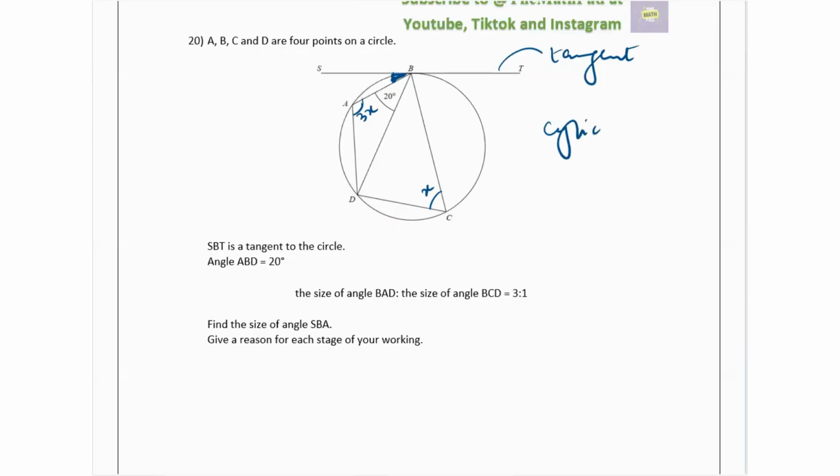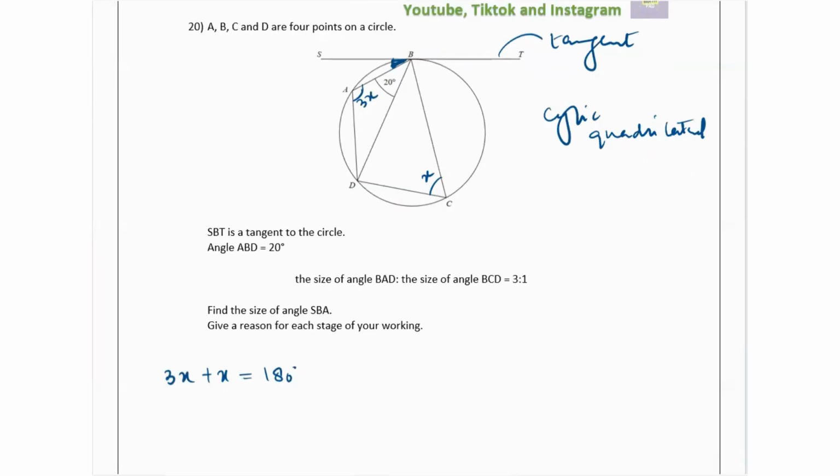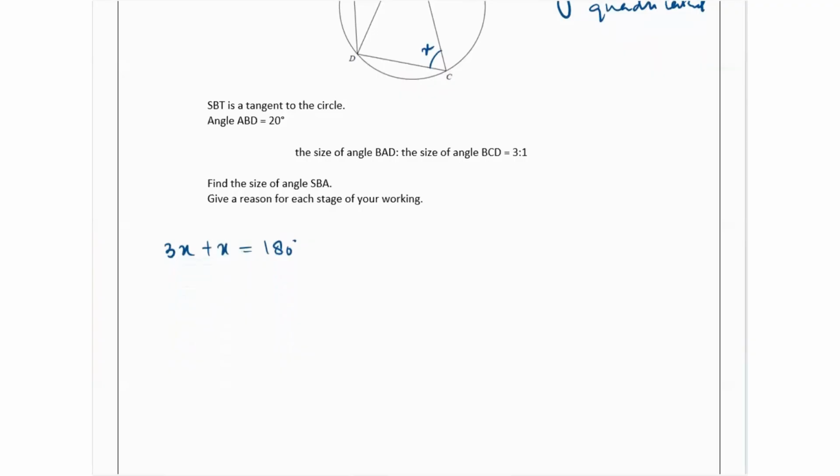In a cyclic quadrilateral, your opposite angles add up to 180, which means 3x plus x equals to 180. And the reason for this is cyclic quadrilateral.